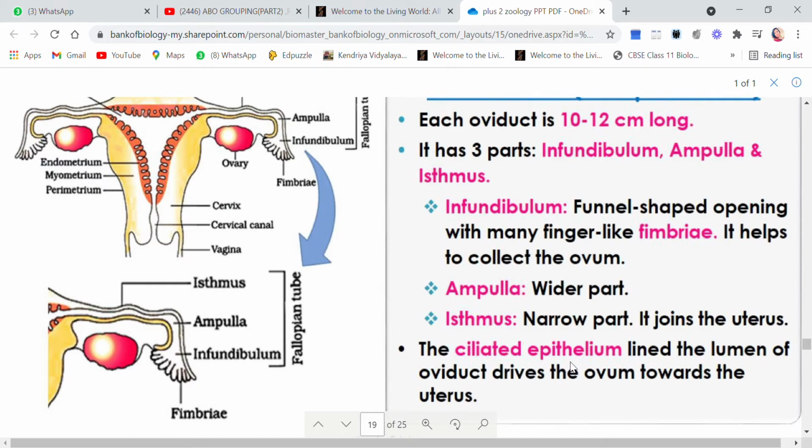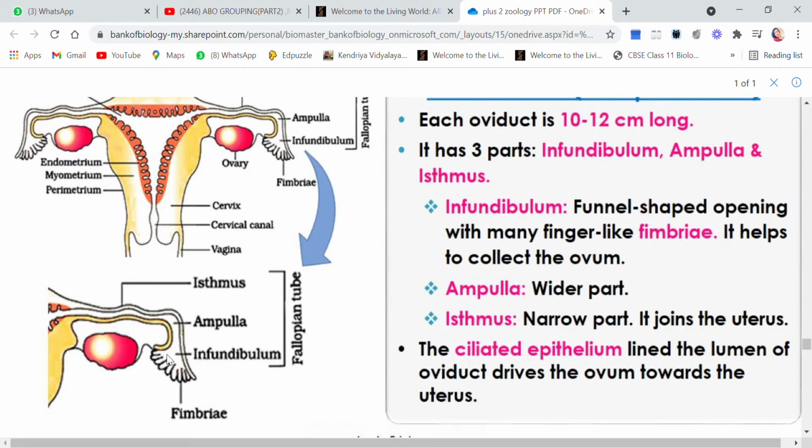The ciliated epithelium lines the lumen of the oviduct. So this whole oviduct is lined with ciliated epithelium, that is, epithelial cells which have cilia, and these cilia lash around and help the ovum to move further towards the uterus.